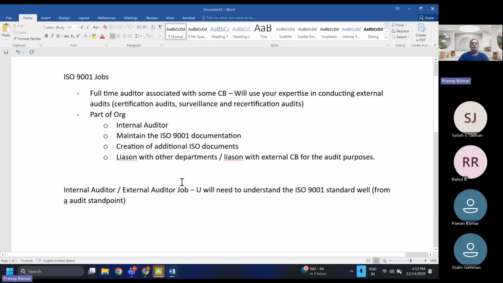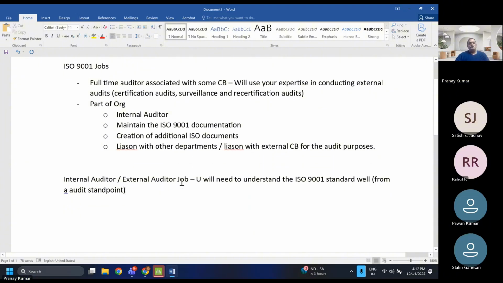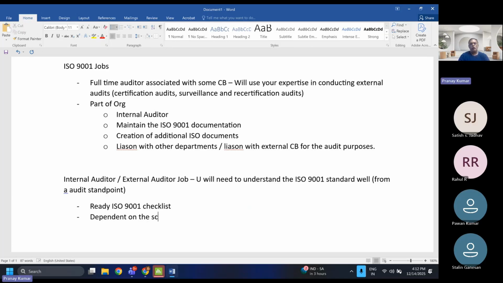With me, everyone, so far? Which means that you will need a ready ISO 9001 checklist, and dependent on the scope of the organization, whatever the organization does, you will need to manage the clause 8 auditing from that standpoint. People, are you with me so far?